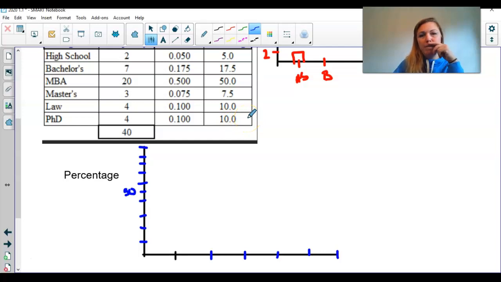Okay, so how am I going to make a segmented bar graph? What we do is we look at each individual row as out of 100%. So out of all of these people that were interviewed, 5% of them had a high school degree. Okay, so what we do then is we say high school, HS. 5% had a high school degree. So if this is 10, I'm going to go like this.